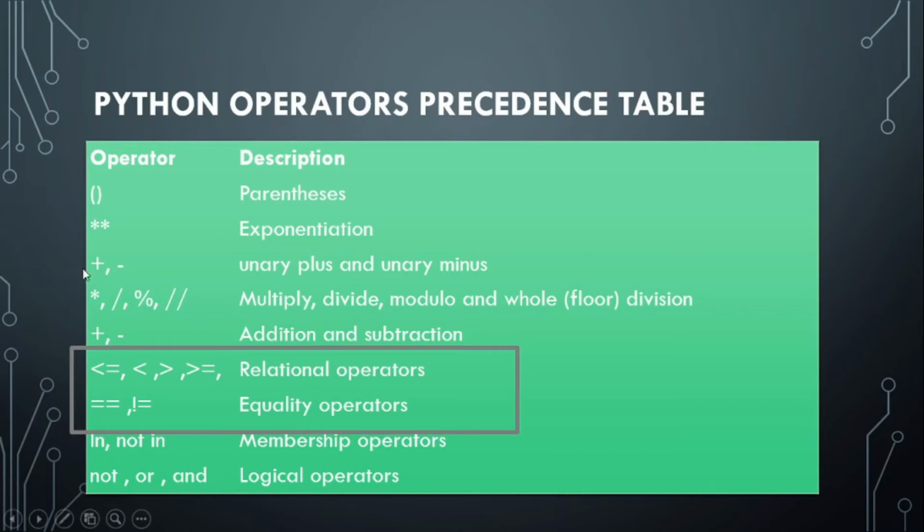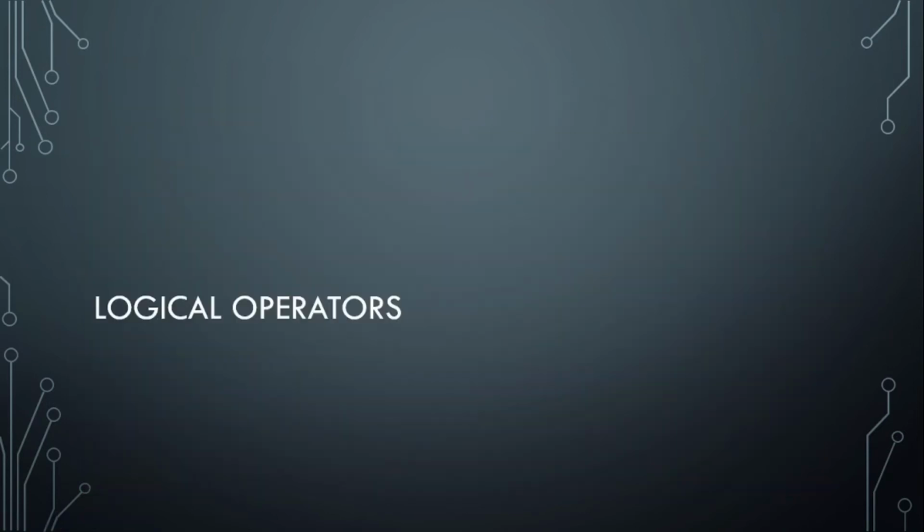So, ie-evaluate muna lahat ng mathematical expression. Pagkatapos ma-evaluate yung mathematical expression kung nag-exist yung mga yon, ang sunod naman na i-evaluate is yung relational and equality operator. The next operator that we're going to discuss is the logical operators in Python programming language.